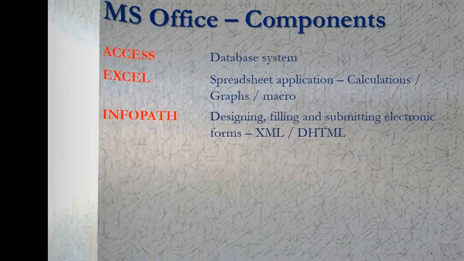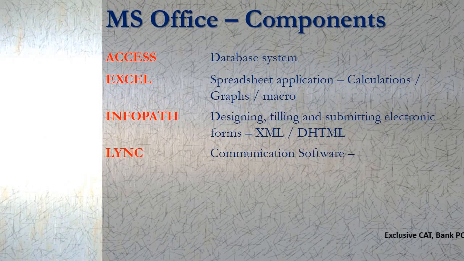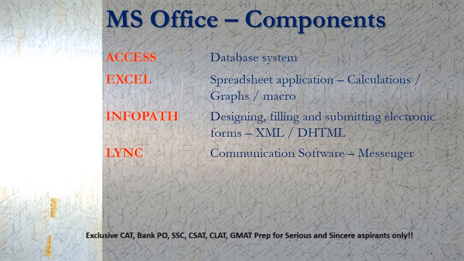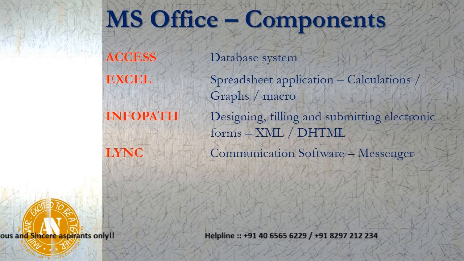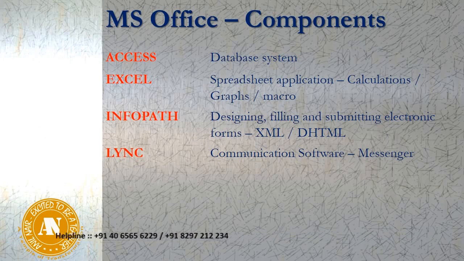The next one is Link. Link is nothing but a communication software, or we can just call it a messenger. It's similar to Gtalk or WhatsApp or Yahoo Messenger, but Link uses the database that is integrated within the corporate office.